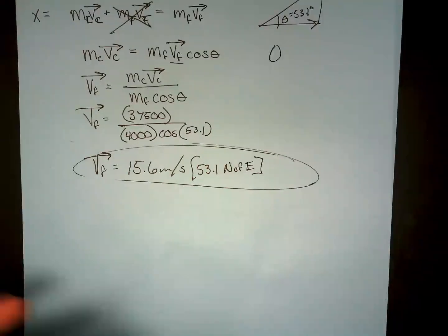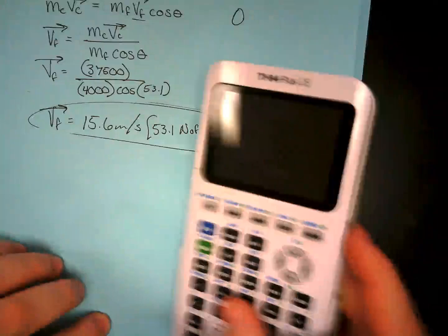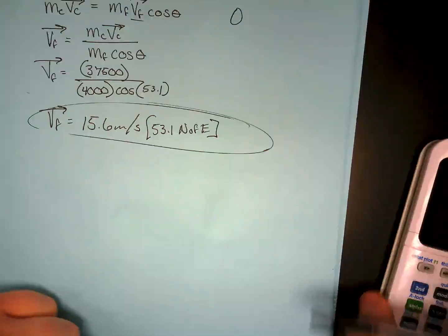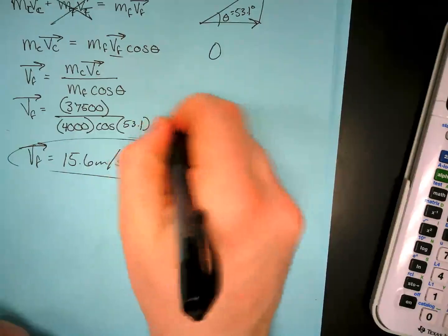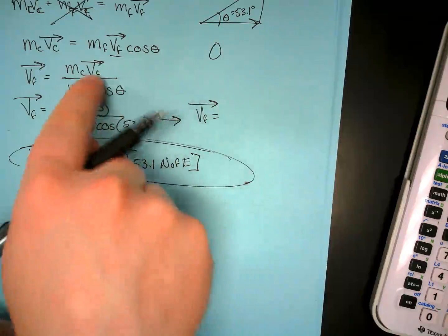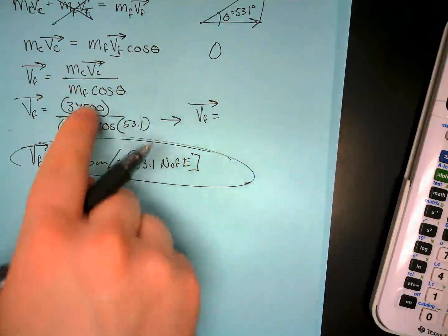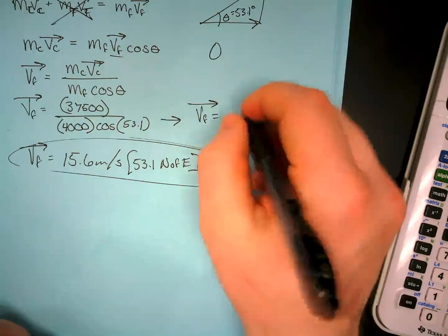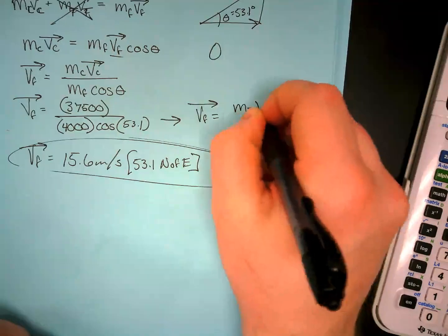And then if you're skeptical of that answer, and if you want to double check, literally do the same thing you did here, only instead use this. We would say final velocity, and instead of using the car's initial momentum and the cosine of theta, rather we'll use the truck's, okay?